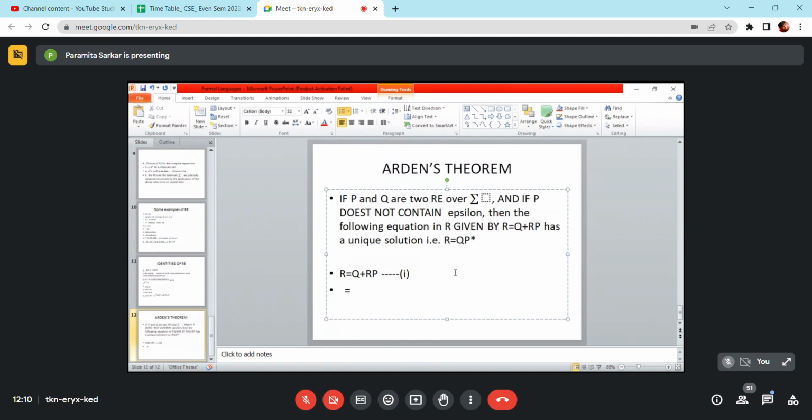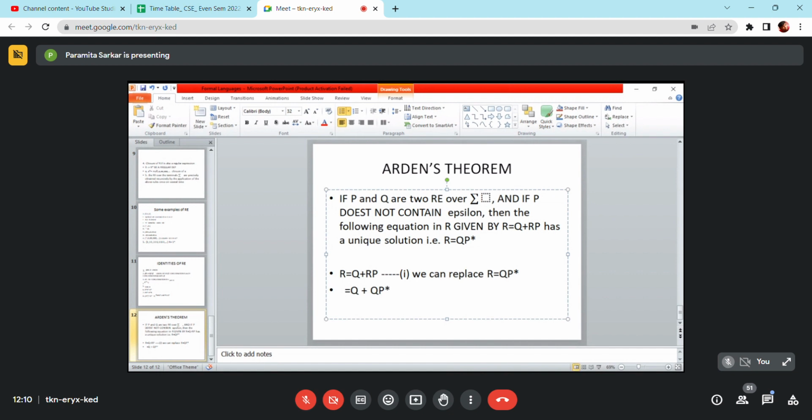So here we can replace R equals QP star. Now if you replace R by QP star, what you will get?